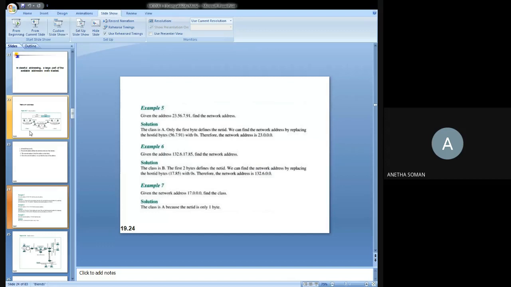In classful addressing, each class has a fixed number of blocks as well as a fixed block size. For classes A, B, and C, you will have 128 blocks, 16,000 blocks, and 2 million blocks. Blocks mean that many organizations can be provided with that class of address, and block size means the number of addresses provided to each block.